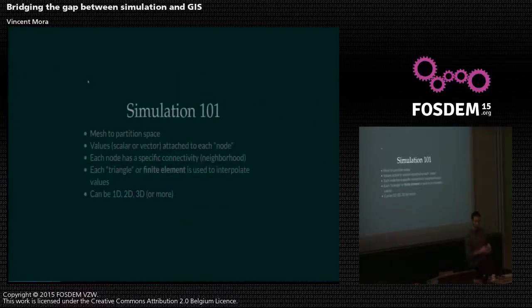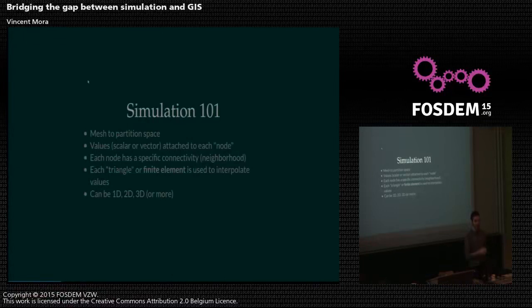So you partition the space to form a mesh, and you have values that are attached to each node. That can be a scalar value or a vector value, and each node has a specific connectivity, a specific neighborhood, and each triangle, or finite element in this case, is used to interpolate values.